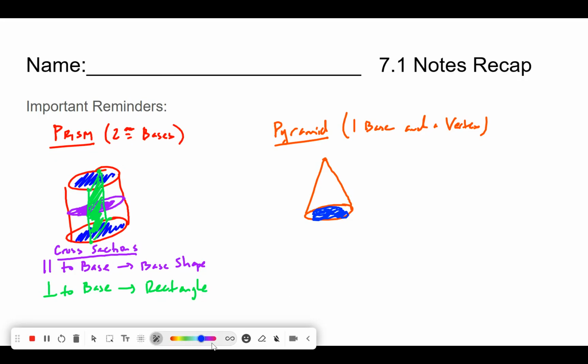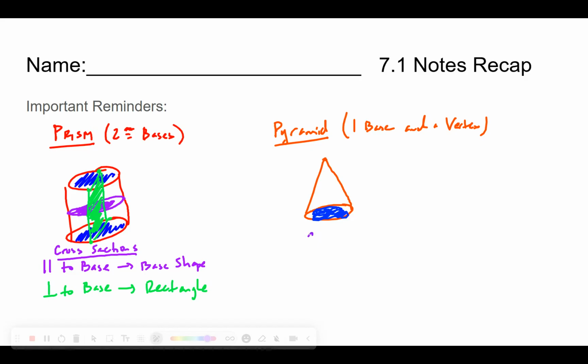So now, if I talk about the cross sections, same thing. Cross sections. Okay, so if I'm going to be parallel to the base, then what's going to happen is when I do this, I'm going to cut this edge here, and again, I'll follow all the way around this cone like this, and you can see that I get a shape that is similar to the base, right?